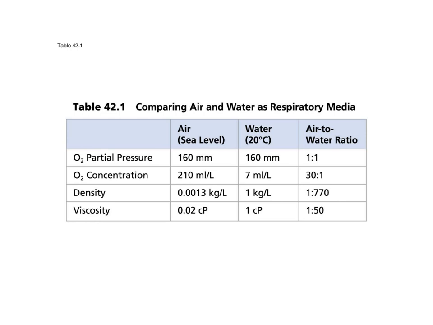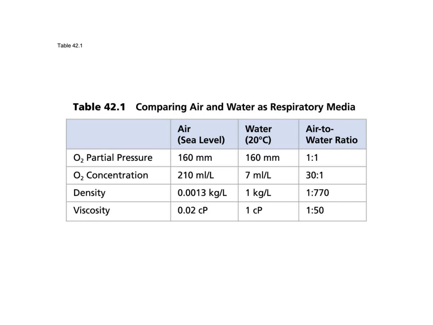And so now if you take the ratio of the 210 to 7, that's a ratio of about 30 to 1. And that was what we represented in the earlier diagram, showing that at an equilibrium condition, there's far more oxygen molecules in the air compared to in the water.